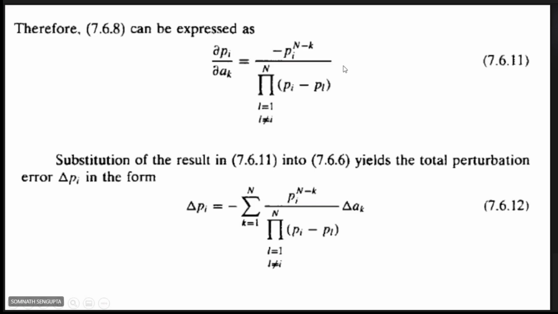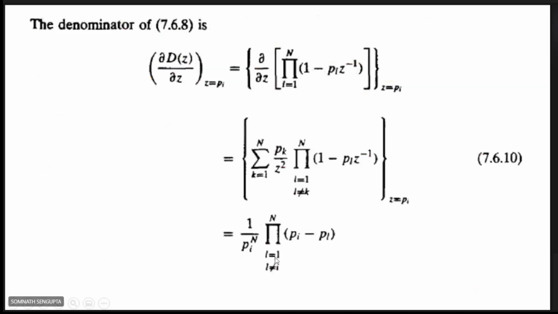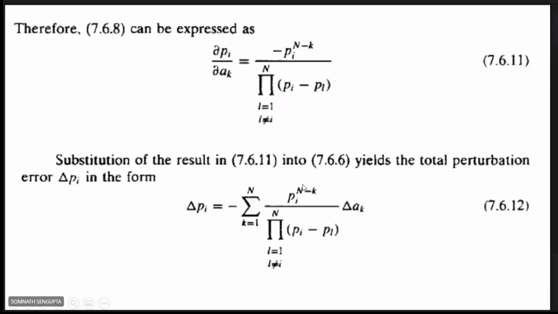So substituting the result in 7.6.11 into 7.6.6, this equation, you will yield the total perturbation error delta pi.